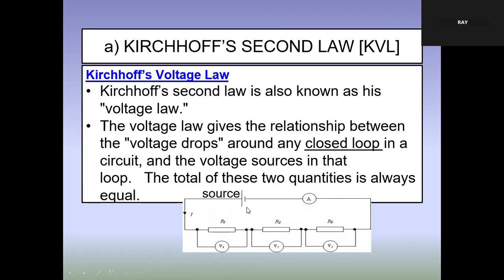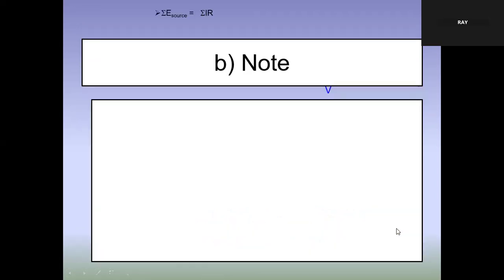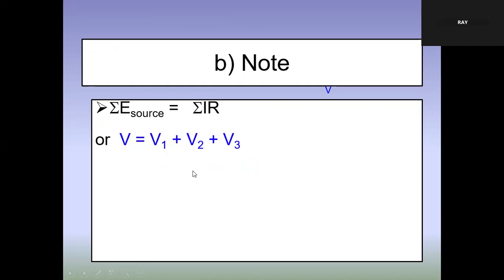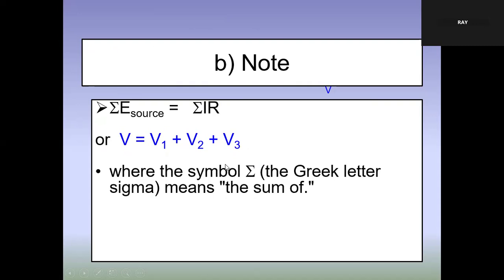That's your source of energy, V. So we will derive V equals V1 plus V2 plus V3. Note, there's a symbol form, sum of EMF equals sum of PD, or V equals V1 plus V2 plus V3, where that symbol is the Greek letter sigma, meaning sum of.